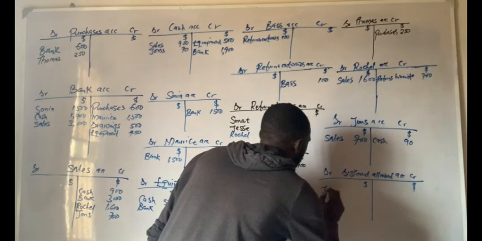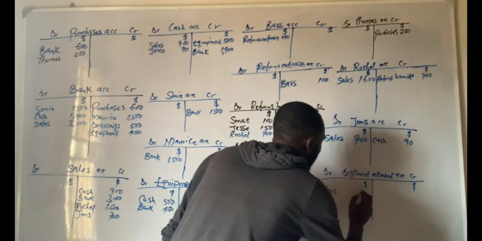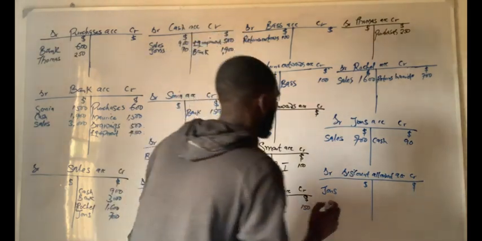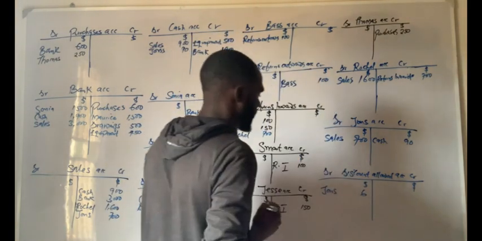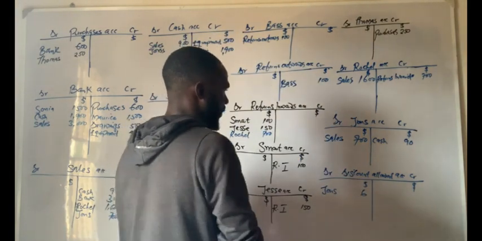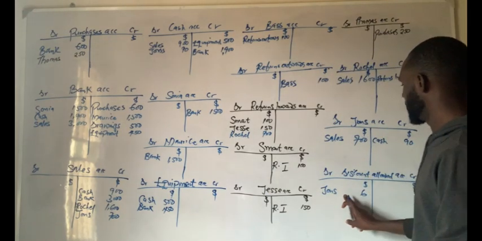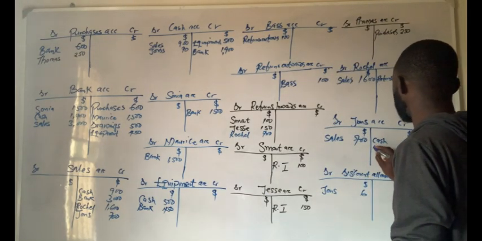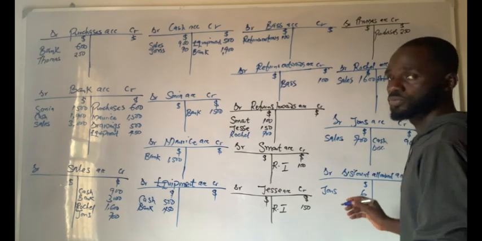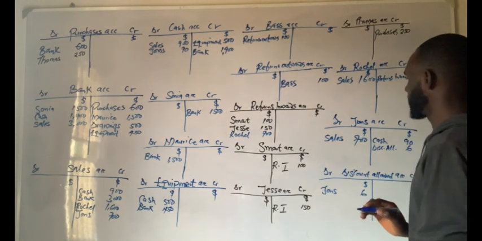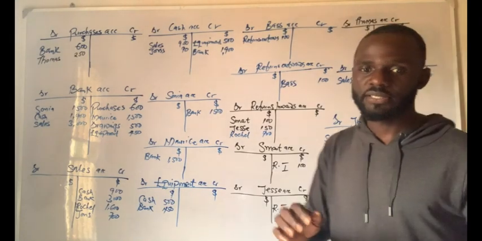This was allowed to Jones, and that is how much? $6. So we have $6 here. The corresponding entry will now be discount allowed, which is 6. I'm going to shorten it.